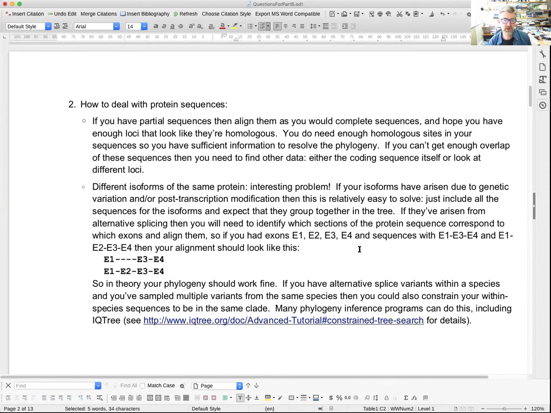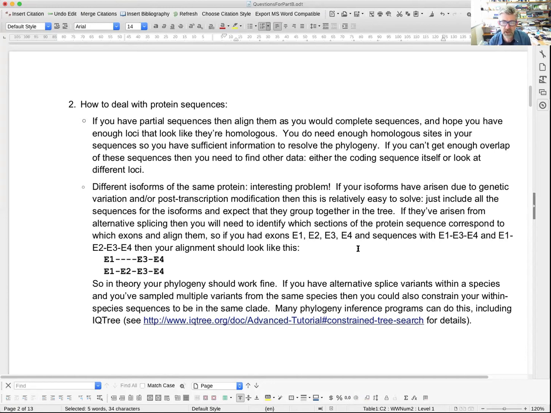You just include all the sequences of the isoforms, and then you hope that they will all group together in the tree. In fact, you can force them to group together in your tree. For example, in IQ-TREE, and there's a link further down showing you how to do that. So you can require, if you know that they are isoforms of the same protein in the same species or in closely related species, then you can force them to come together in the tree.